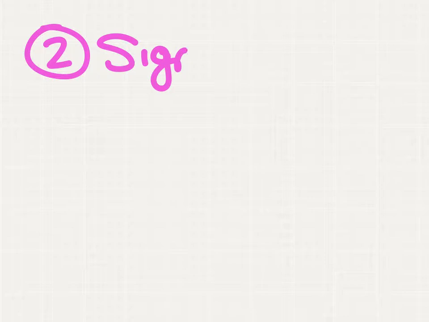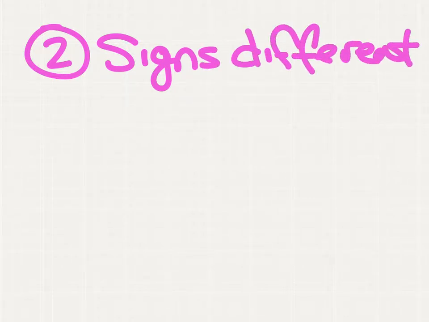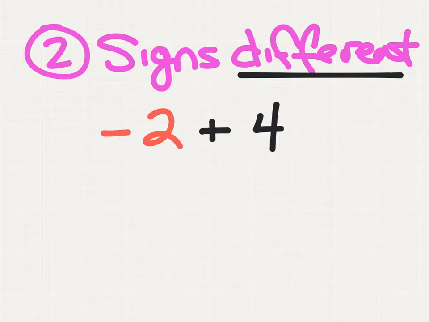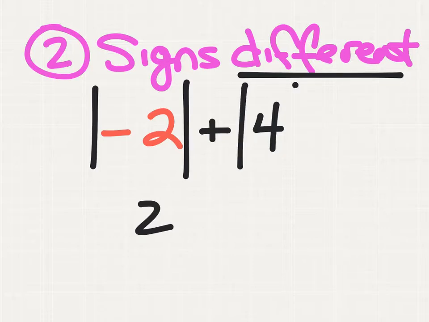Our algorithm also says that if the signs are different, for example, if I'm adding negative 2 plus 4, then I am to find the absolute value of each integer. So the absolute value of negative 2 is 2, and the absolute value of 4 is 4.